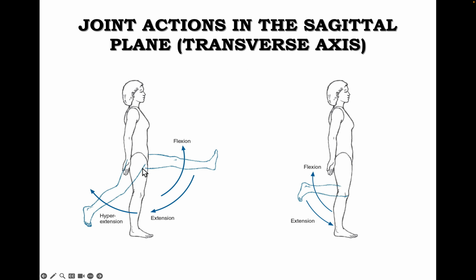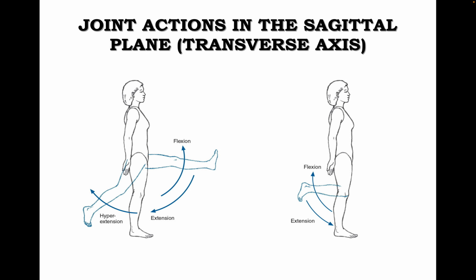Similar to the legs here. Leg coming up, kicking upward, that would be hip flexion. Bringing the leg down would be hip extension, and hip hyperextension would go behind the body. And then we've got knee flexion, foot coming up, and the extension going down there.